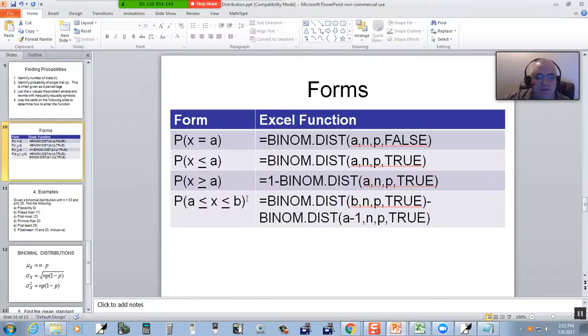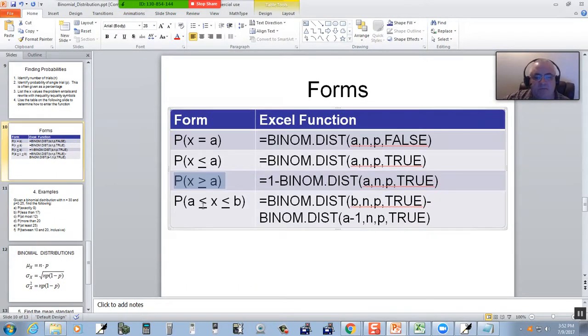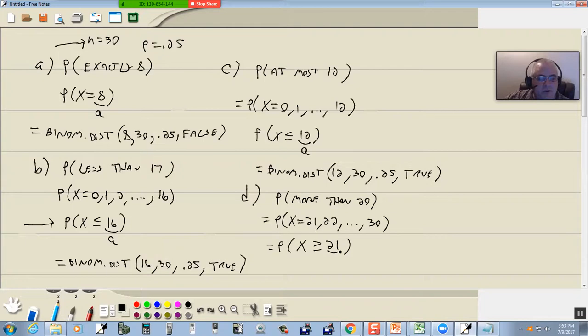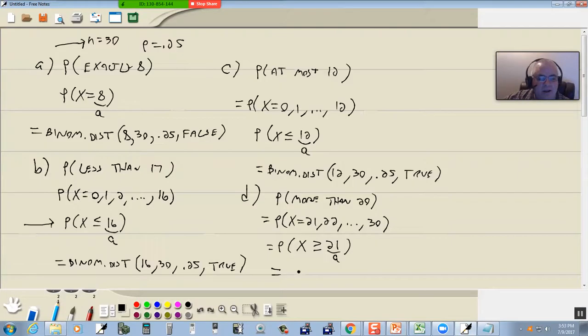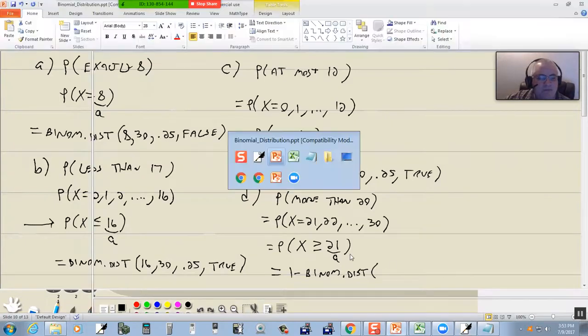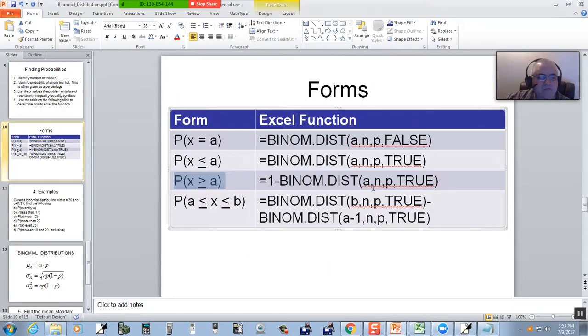Now from our table, greater than or equal to, that's this one right here. You see, you do not want to set it up with like a greater than and less than. You want to set it up in one of these forms, and all of these have the equals on them. Okay, so probability x is greater than or equal to a. That means 21 is our a. And we want to plug it into this formula here. Equals 1 minus binom dist, a, n, p, true.